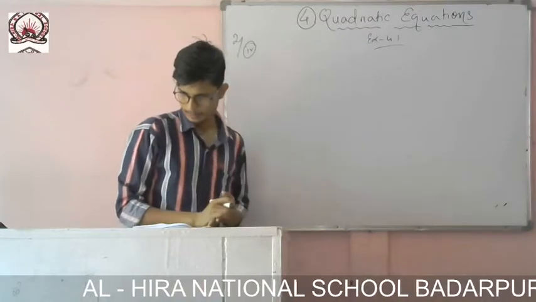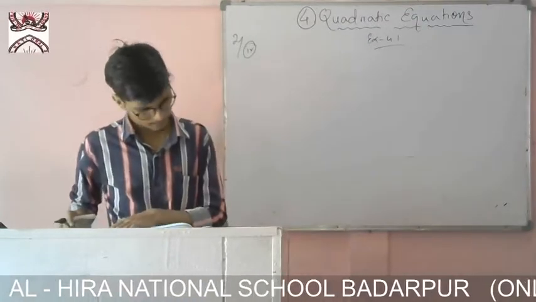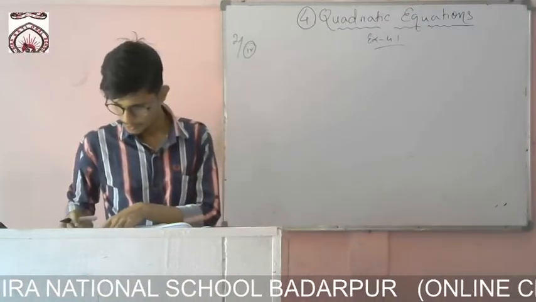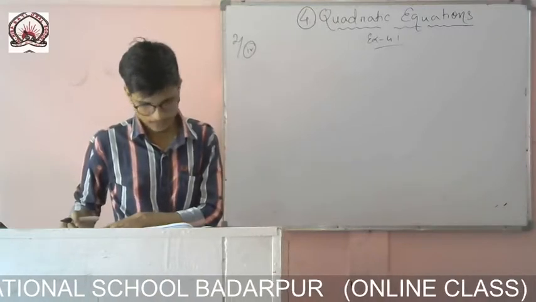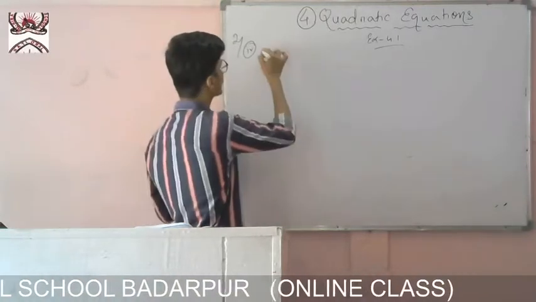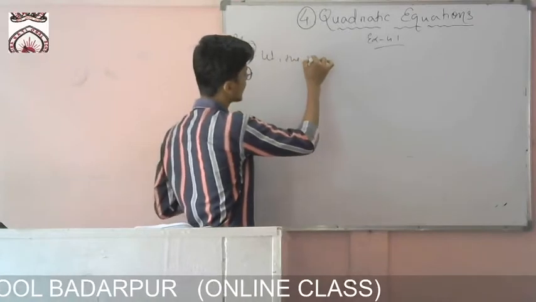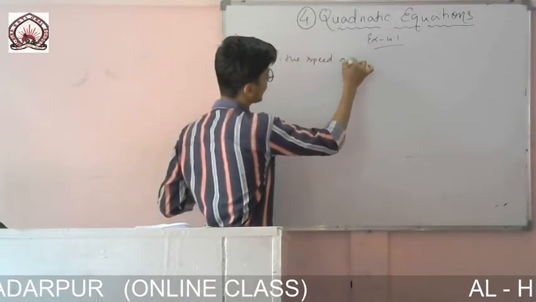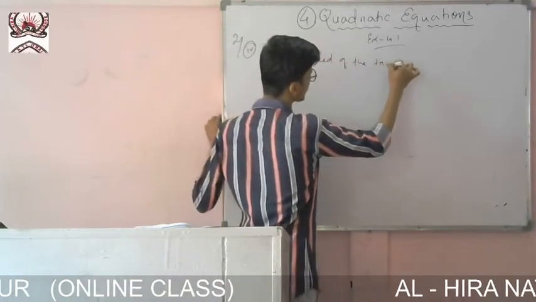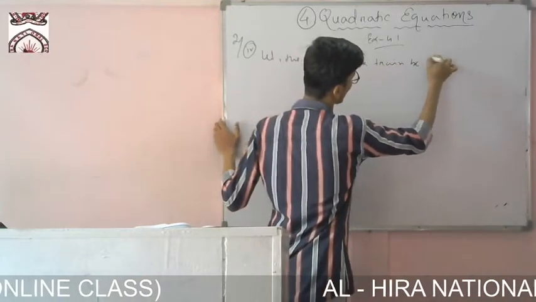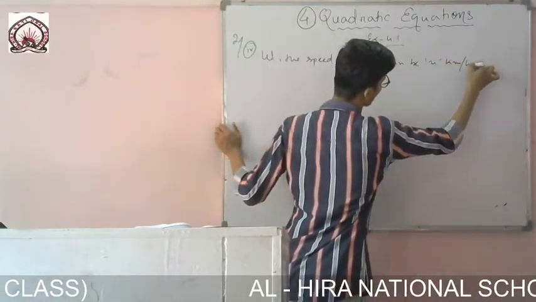So what is given here? The question asks you to find the speed of the train. So let the speed of the train be x kilometer per hour.